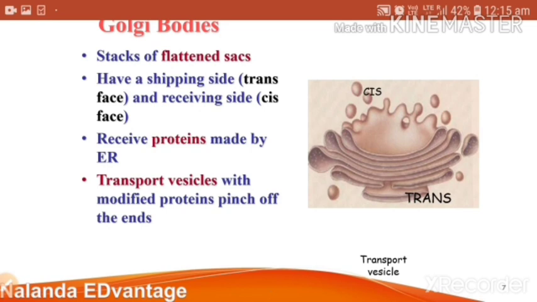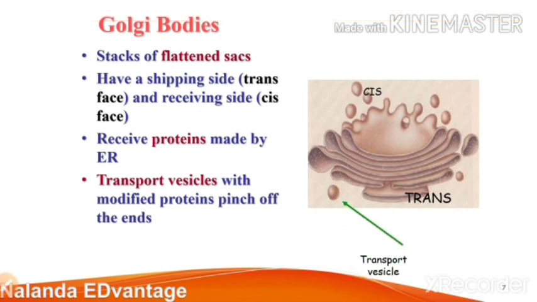So basically, these are the transport vesicles. They are associated with the ER, and all the vesicles or any of the molecules that get transported is done by Golgi bodies. So basically your ER and Golgi bodies function as your delivery system.